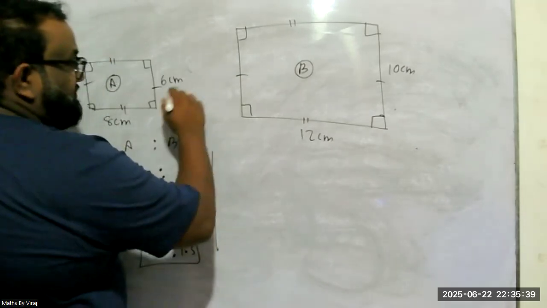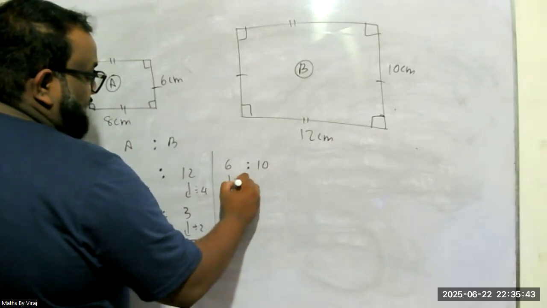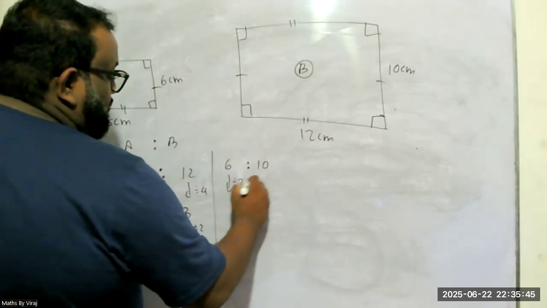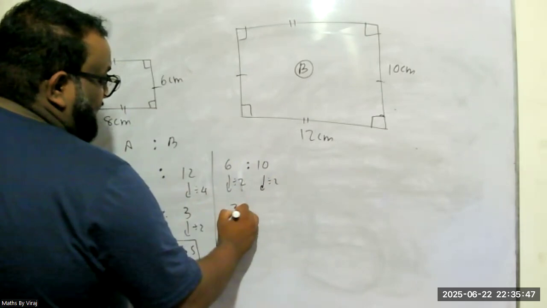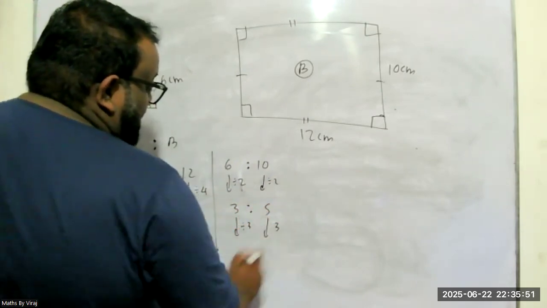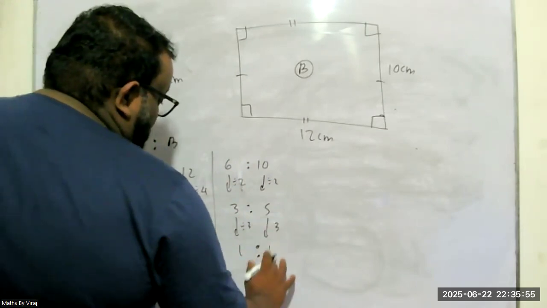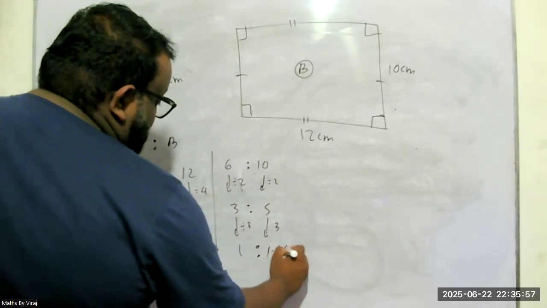Now let's think of 6 and 10. I divide this by 2, I get 3 is to 5. If I divide both sides by 3, what I would get is 1 is to 1 and 2 upon 3, that is 1.6666.